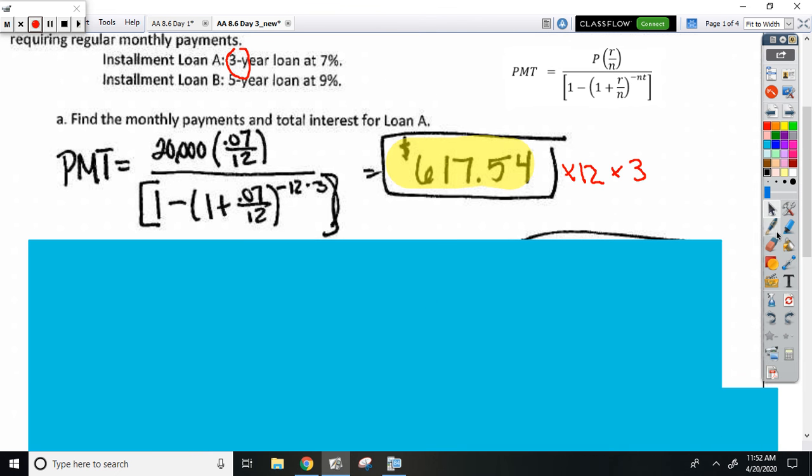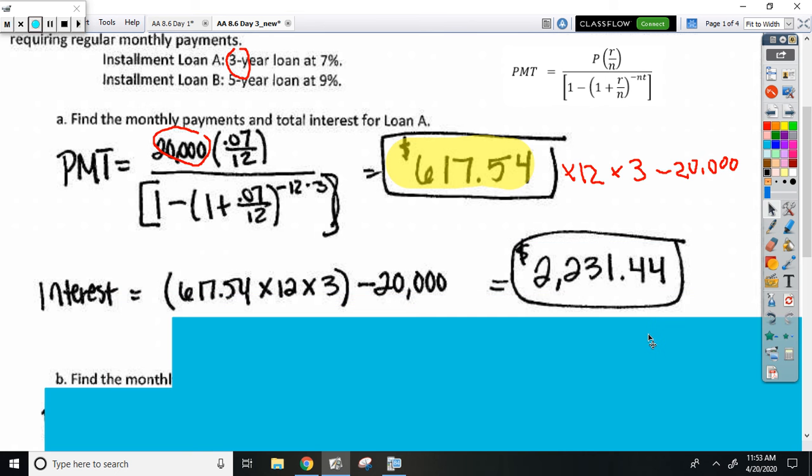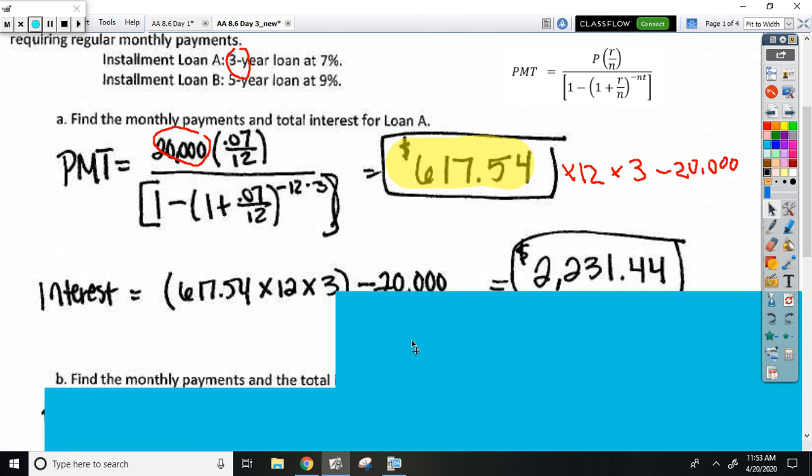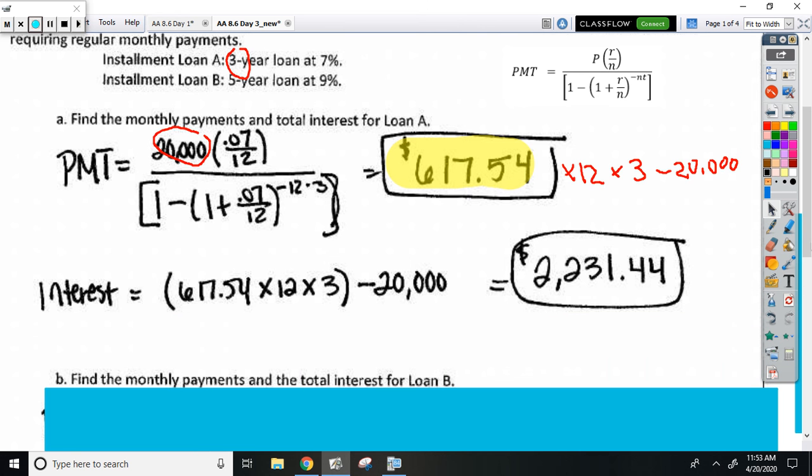And then we have to subtract the amount of the loan, because this will just tell you how much you paid total. So at the end, we're going to subtract the amount of the loan, which was $20,000. And we should get $2,231.44.